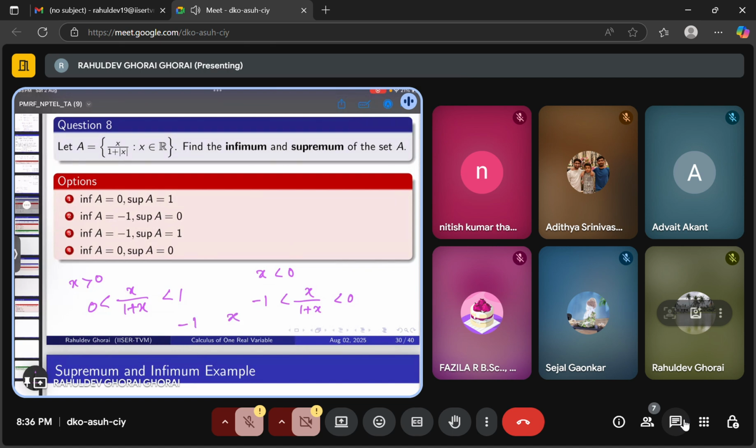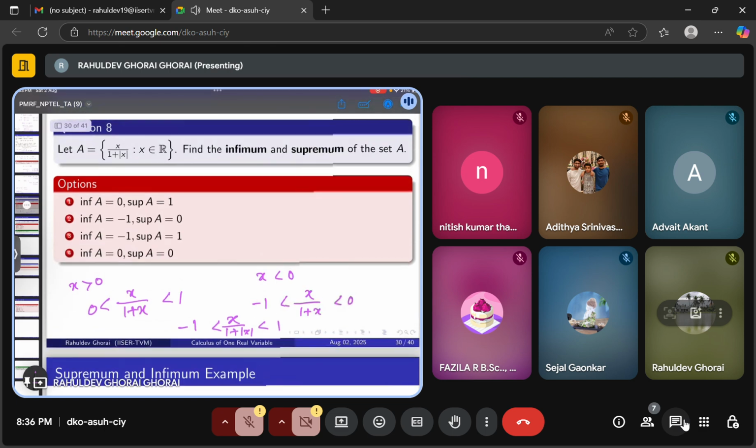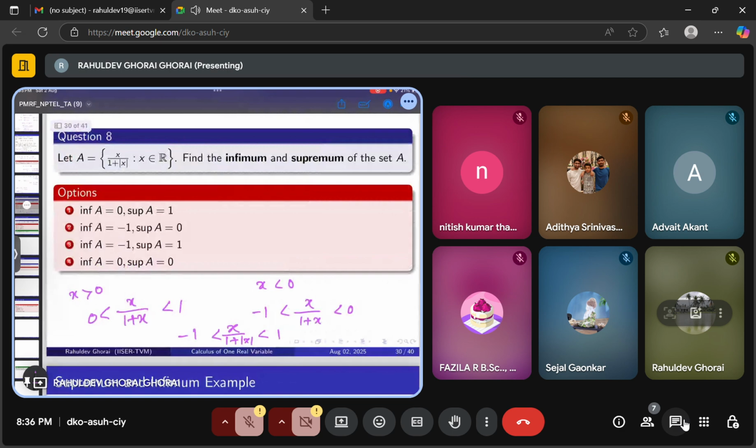This function x over 1 plus mod x lies in minus 1 to 1. Also, you take any small number, and it will mainly give you the open interval minus 1 to 1, right?